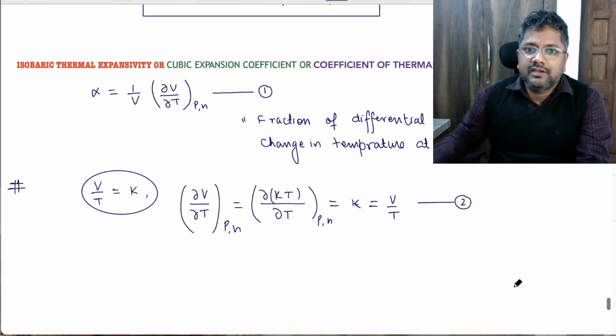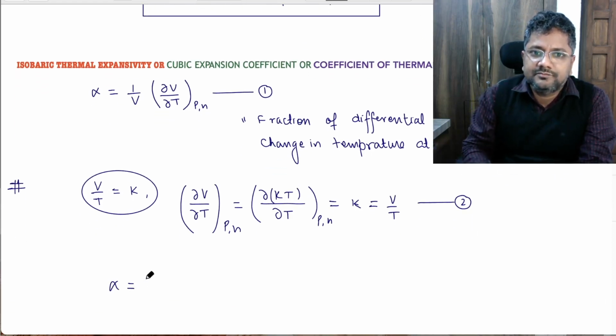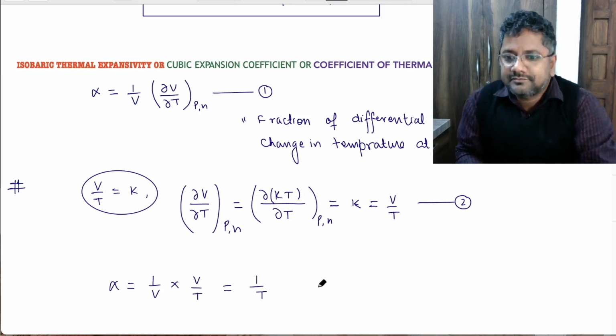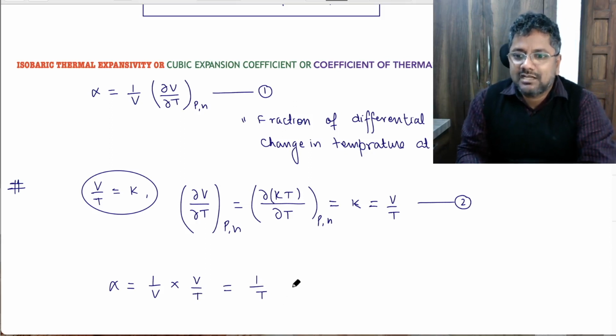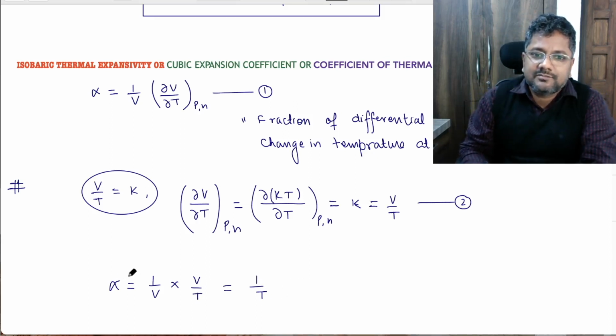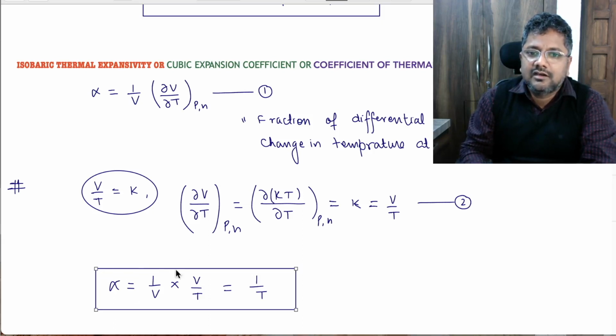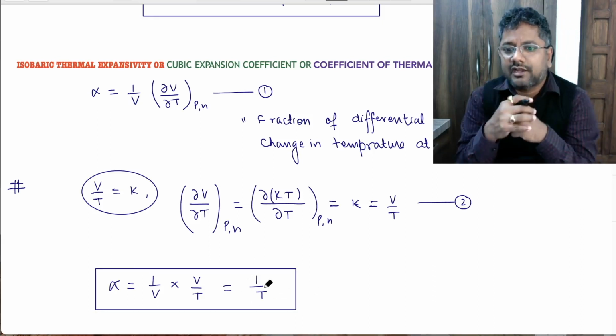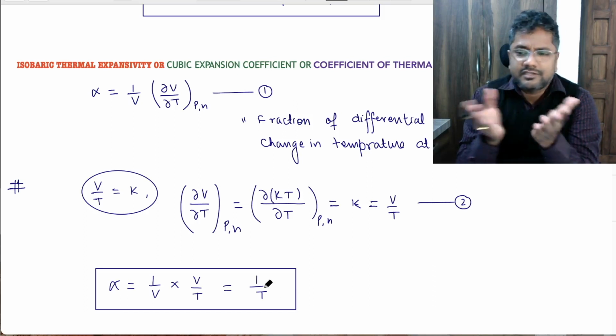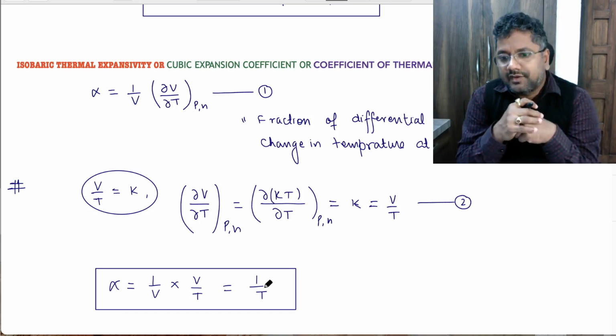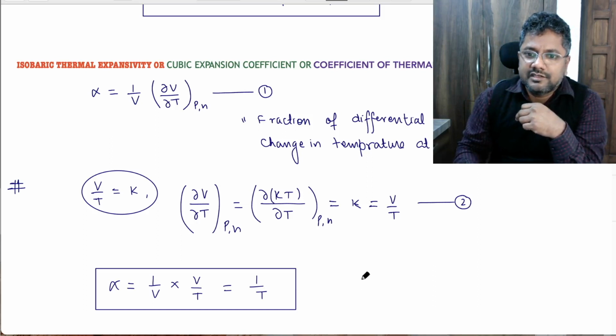So you can evaluate alpha is equal to 1 by V into V by T. So this is equal to 1 by T at what? Kelvin scale, right? So alpha is basically 1 by T. And it is taken constant for every gas, and it is equal to 1 by 273.15, right? So this alpha is equal to 1 by 273.15.